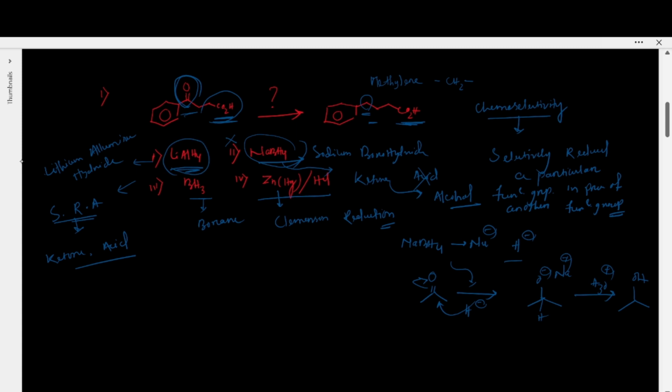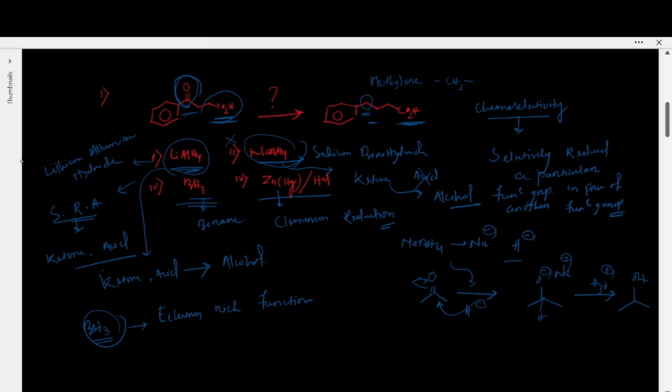Why? It is a strong reducing agent. It can reduce both the ketone and the carboxylic acid to their corresponding alcohols. Then what about BH3? BH3 is a Lewis acid, so it can only reduce electron rich functional groups.